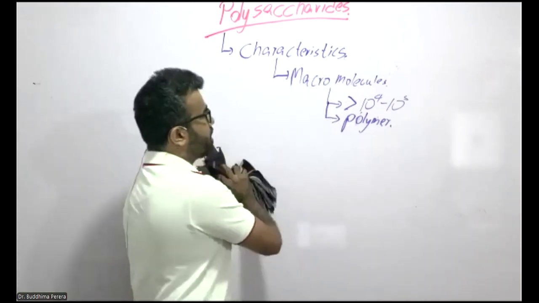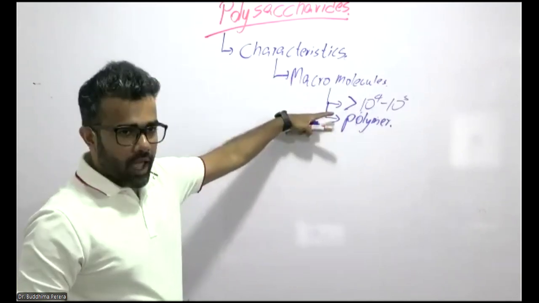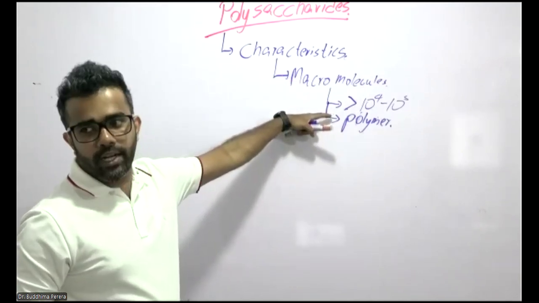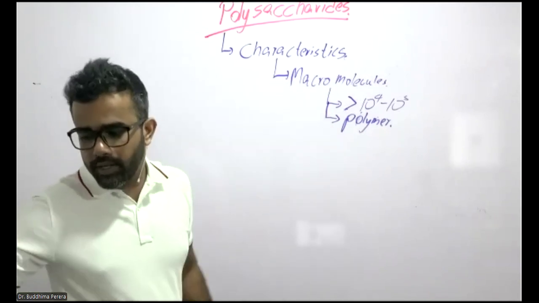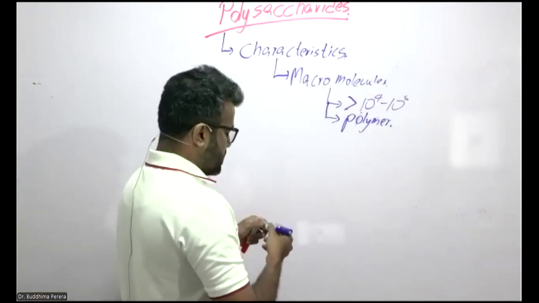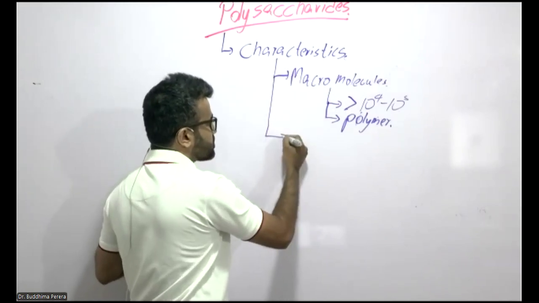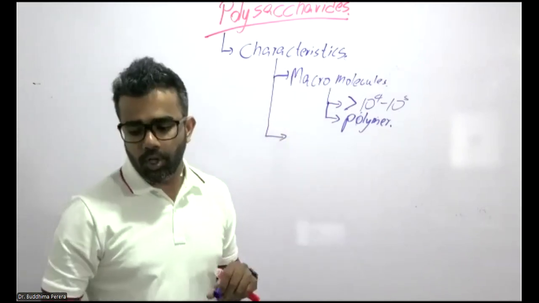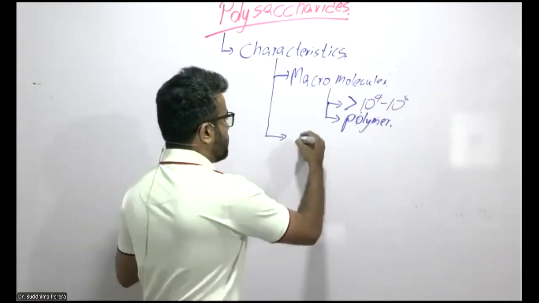So to become a macromolecule, this molecule should have a molecular weight more than 10 to the power 4 to 5, and it should be a polymer. Then the second one is that these polysaccharides are biopolymers.